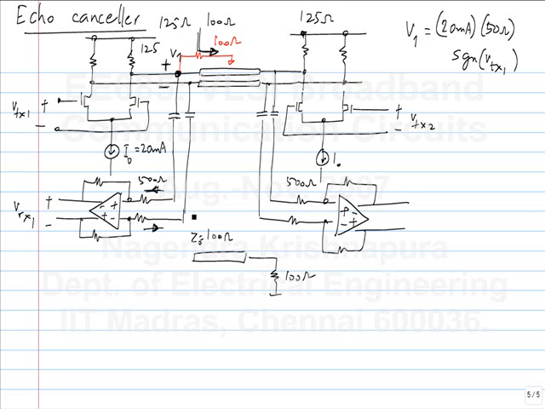So this I is 20 milliamps times 50 ohms times sign of VTX1 divided by 1000. So if I cancel off this part of the current, I will be fine. Differentially it is 1000 ohms. From each one to ground it is 500 ohms.